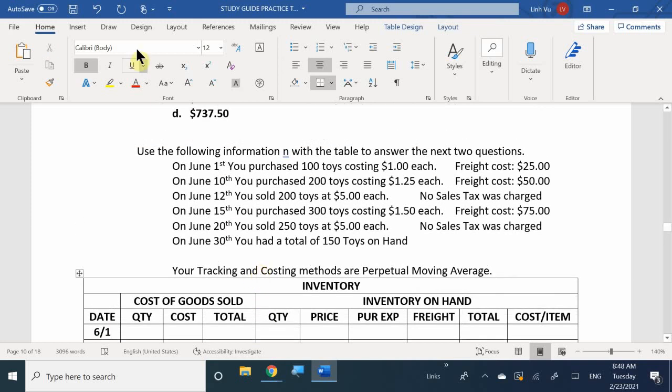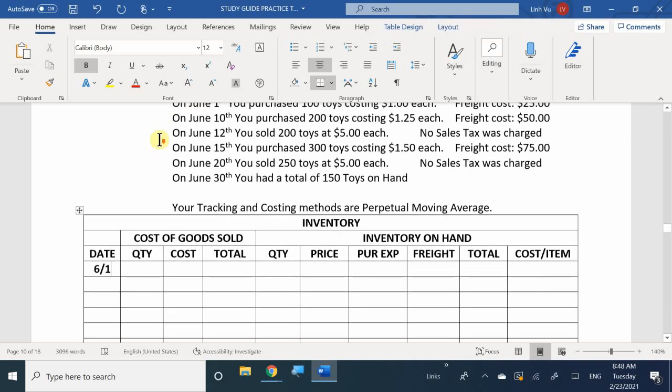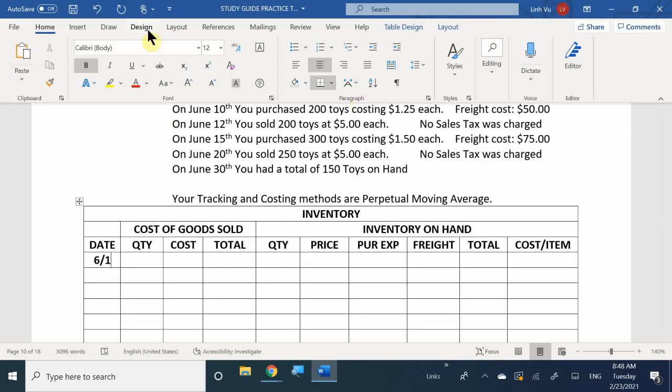We purchased 100 units at $1 each with a freight of 25. So my quantity is going to be 100 at $1, making that 100 plus 25 gives you 125, gives you $1.25 because that's our only batch that we have.